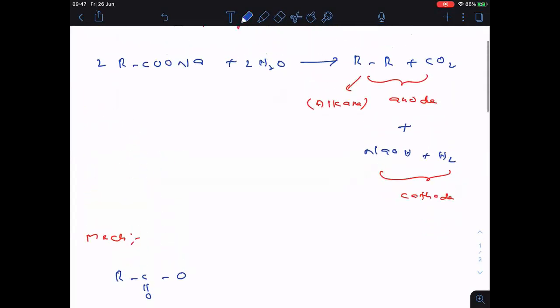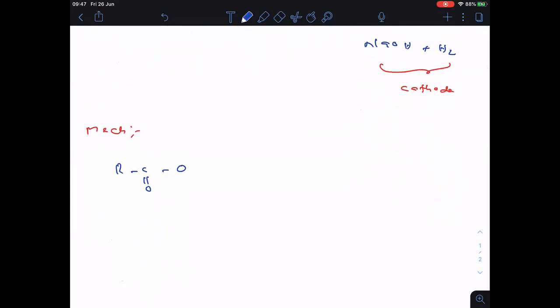Once you see here, RCOO minus is there. So that is why I wrote here RCOO minus. You know, minus means what? In that minus charge, 2 electrons will be there. I hope you are able to understand everyone. Clear everyone? Okay. So now what happened?